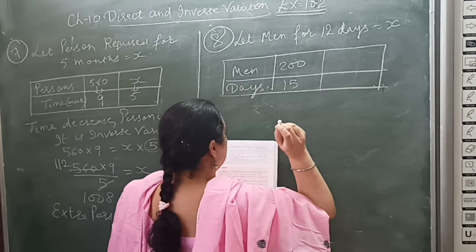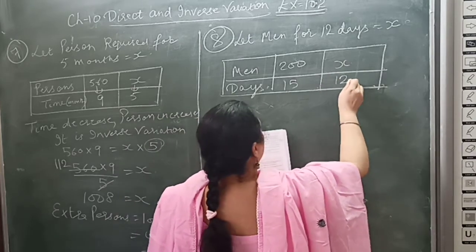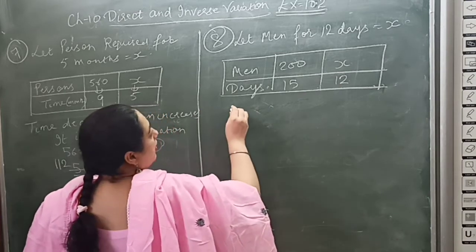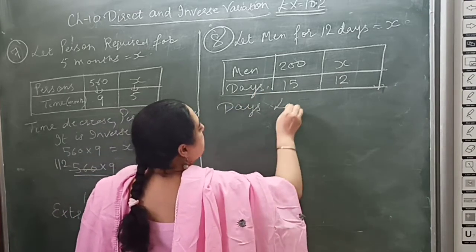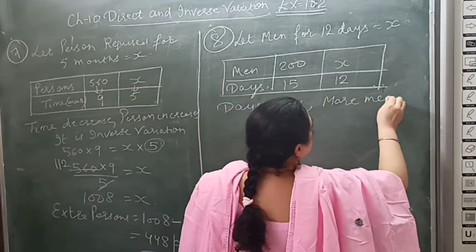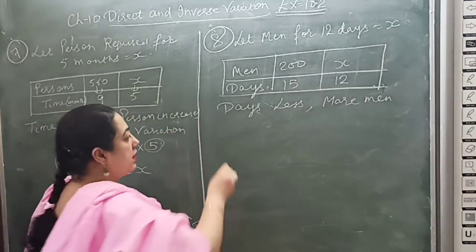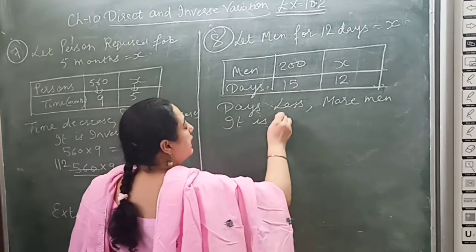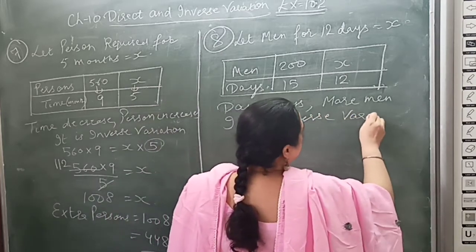Then, supposing we have x men and the food for 12 days. Now between days, less days, so more men will be required. Less days, more men. So it is inverse variation.